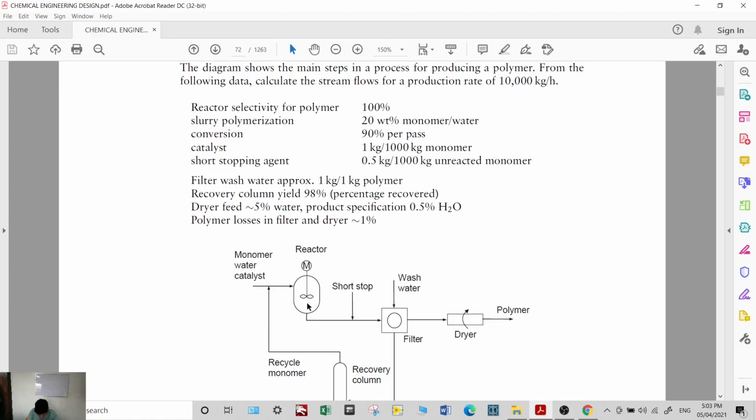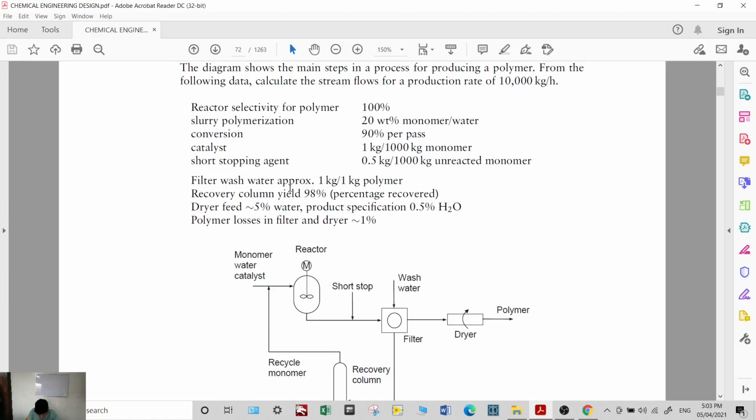The catalyst is to speed up the reaction, right? So you add the catalyst, and the amount you add must be 1 kg for every 1,000 kg monomer. Short stopping agent is 0.5 kg per 1,000 kg unreacted monomer.